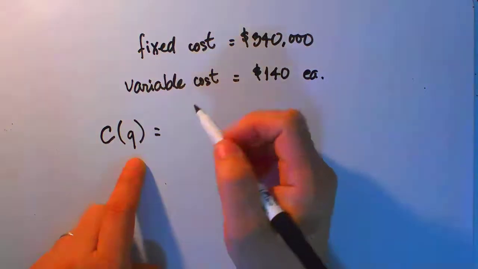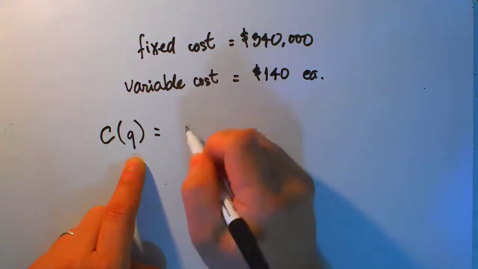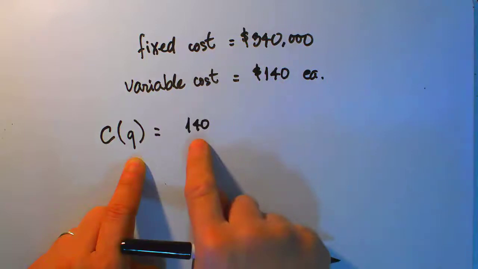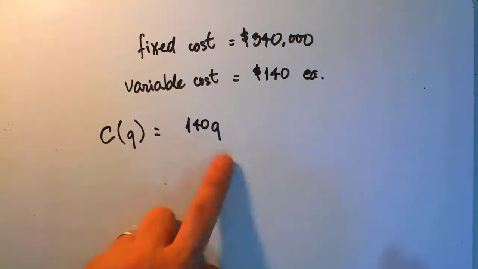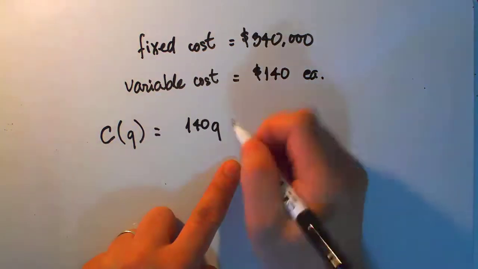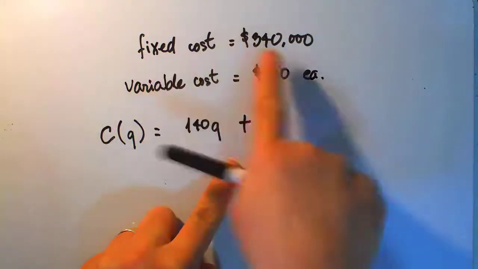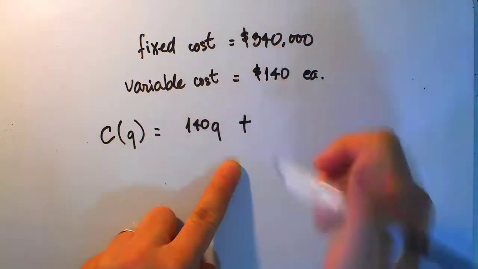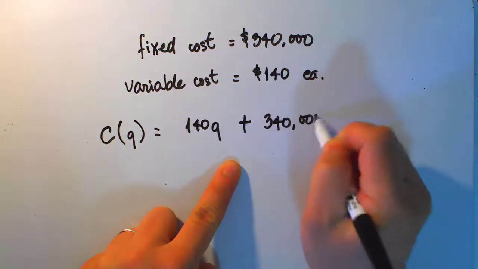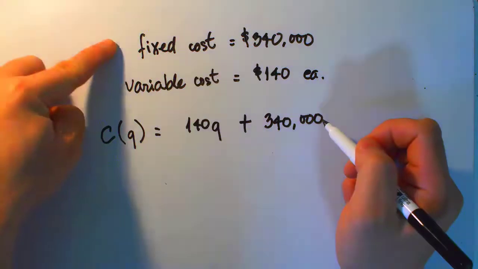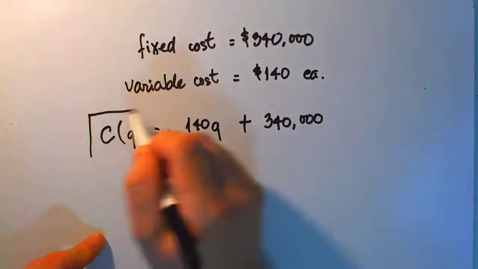So producing Q units of phones, that cost on each phone multiplied by Q gives 140Q. But that's the variable cost, which is not enough. The company also paid a fixed amount of $340,000. So we always need to consider the two types of cost together, fixed cost and variable cost. At least what we have come up with here is our cost function.